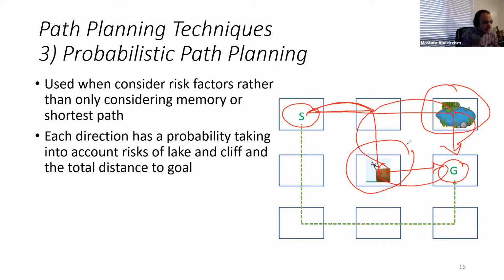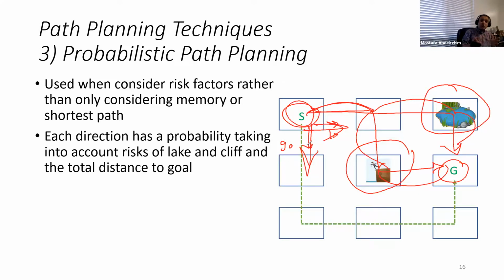Something that says if the robot is here, 10% takes this direction and 90% takes this direction. Then you generate a random variable between 1 and 100. If this random variable is between 1 and 90, take this path. If it's between 90 and 100, take this path. So it's probabilistic.